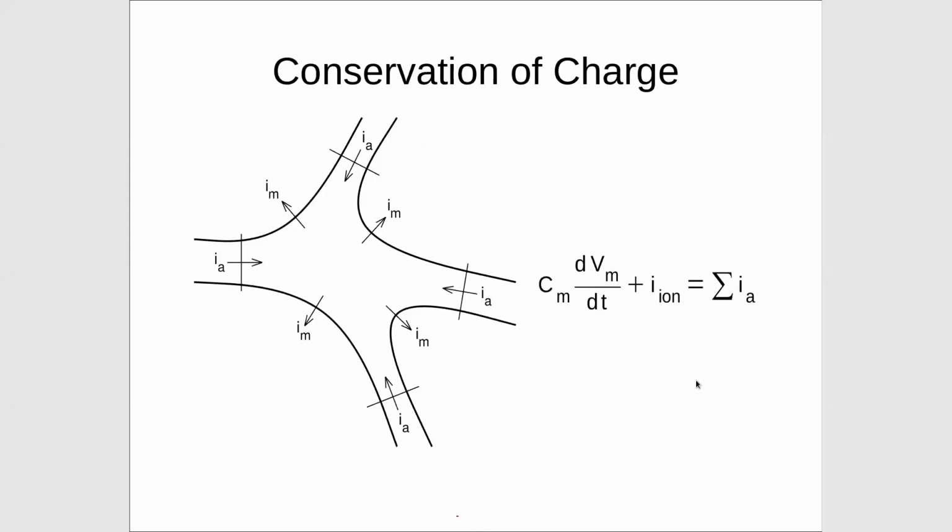So let's consider then the basic equation that NEURON deals with, which is the conservation of charge. Let's say we have a small region of a cell, so compact that the membrane current density can be regarded as uniform over the entire surface of this little region. Okay?